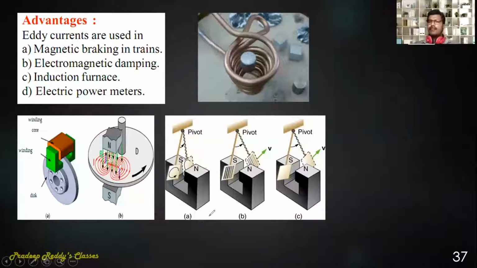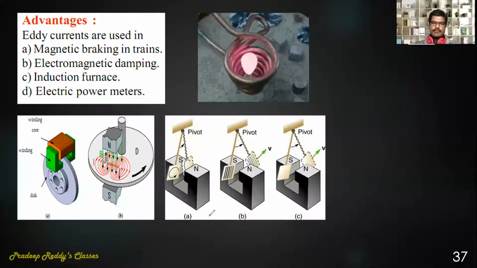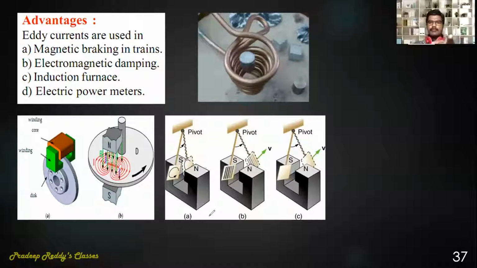Students, as every phenomenon has both advantages and disadvantages, eddy currents also have advantages and disadvantages. You can see in the animation there, whenever you want to heat a metal, you are taking a laminated rod, providing some current to that, and inserting a metal sheet in that laminated heater.